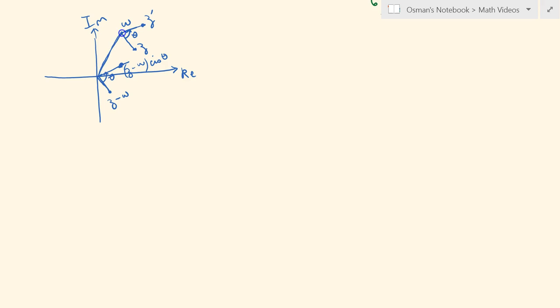So I just add back the omega, and you will get a parallelogram there. So this is equal to z minus omega times CIS theta, plus we add back the omega.